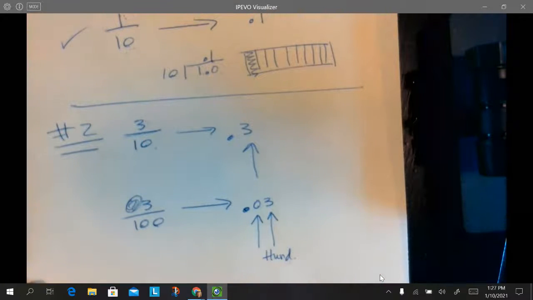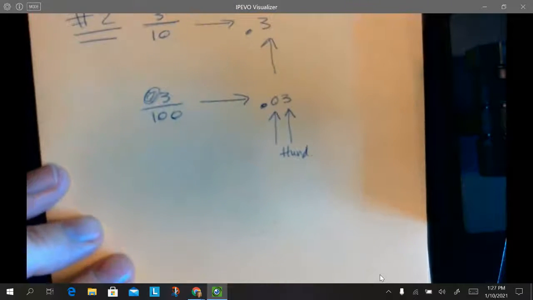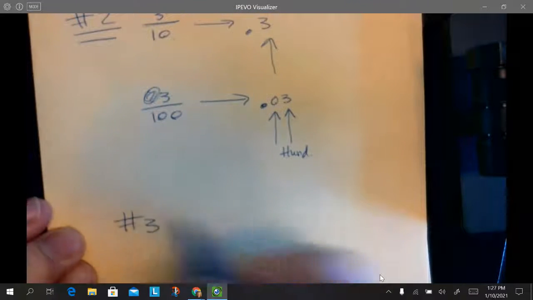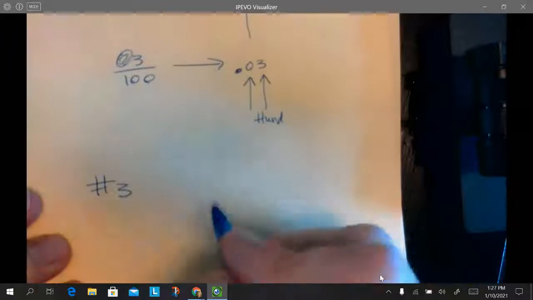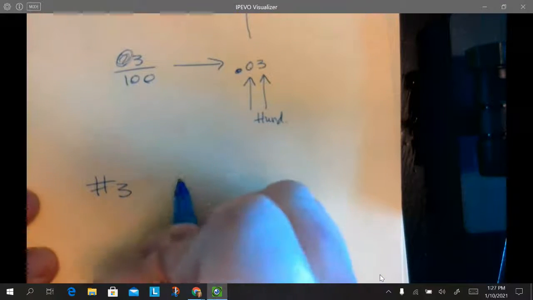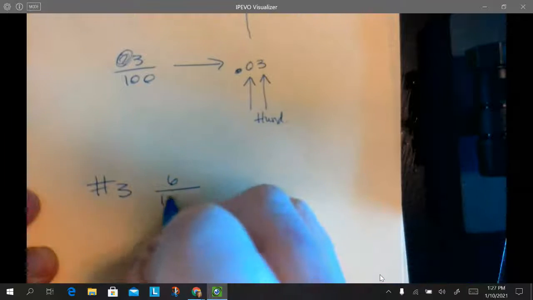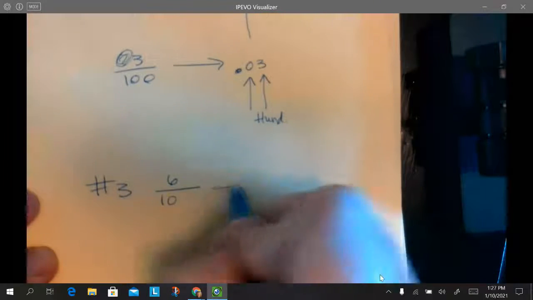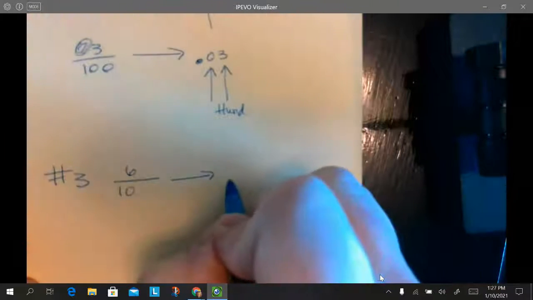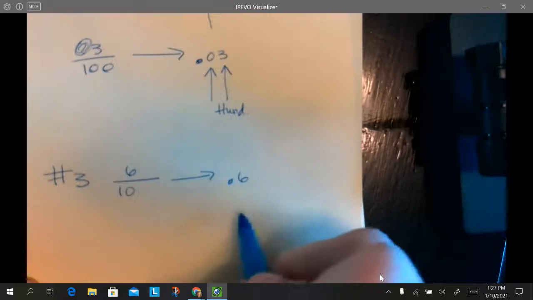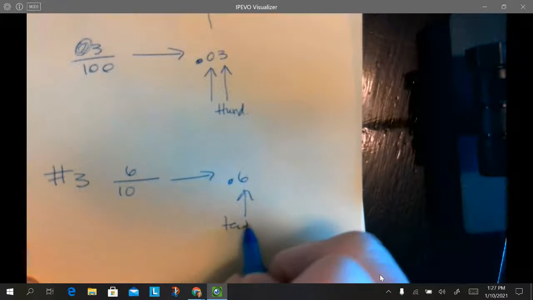All right, next one, number 3. Say you have a fraction and you have 6/10. As a decimal, that would be 0.6, because that's the tenths place.